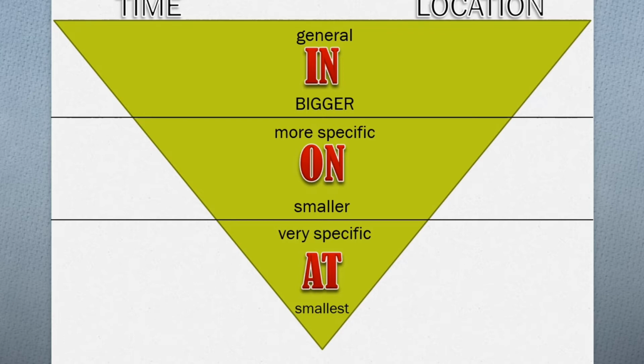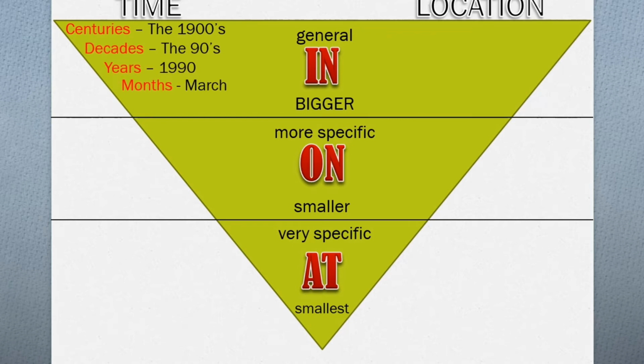Let's start by looking at how we talk about time. English speakers use in to refer to a general, longer period of time such as centuries, decades, years, months, and weeks. So we have there also examples of the 1900s, or should I say in the 1900s.